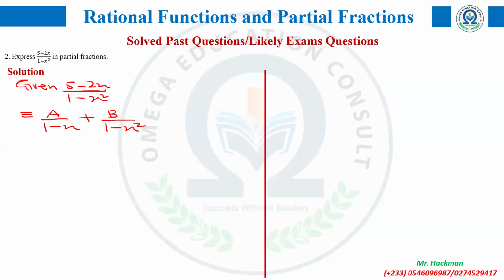Really? What is a perfect square? The denominator. Okay, I mean, what is a perfect square? How were you able to identify that as a perfect square?